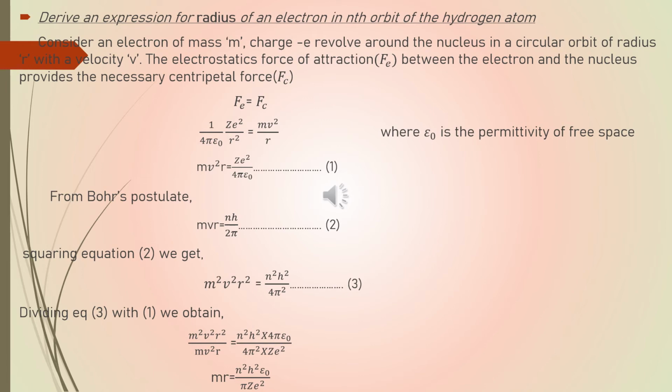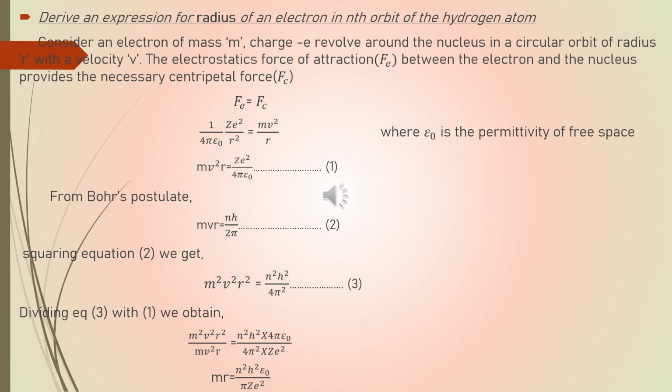Substituting for Fe and Fc, we get 1 by 4πε₀ Ze²/r² equal to mv²/r. So mv²r is equal to Ze²/4πε₀. We shall call this equation 1. We know that from Bohr's postulate, angular momentum is an integral multiple of h by 2π.